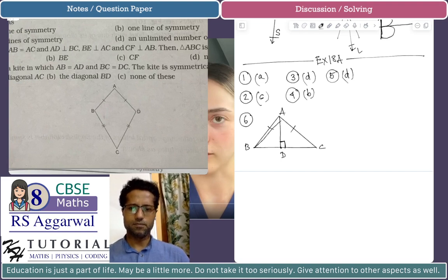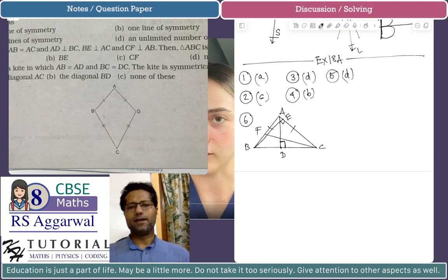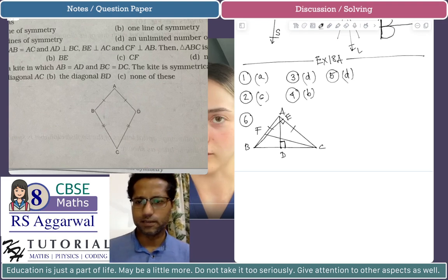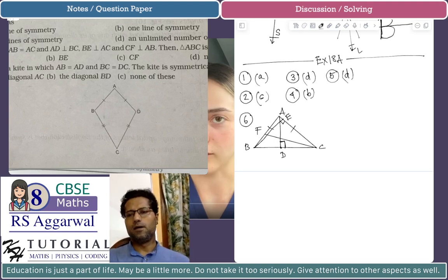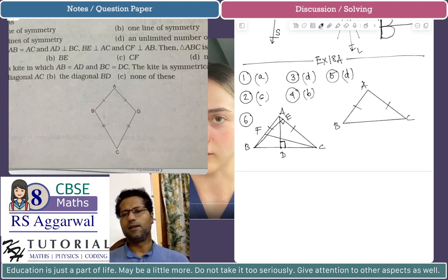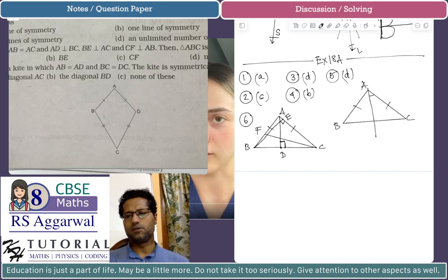Let this be E, and let this be F. Now we have seen while discussing an isosceles triangle that if this is an isosceles triangle ABC where AB is equal to AC, then the bisector of the angle A, where this is equal to this, is a line of symmetry for this isosceles triangle ABC.